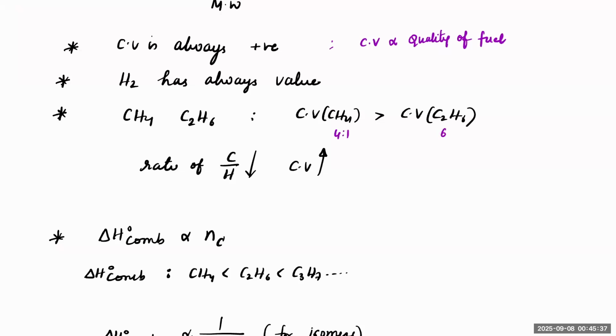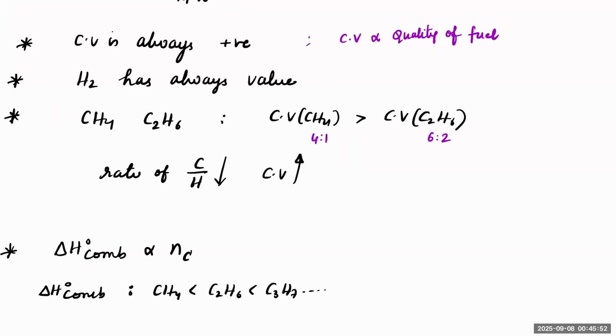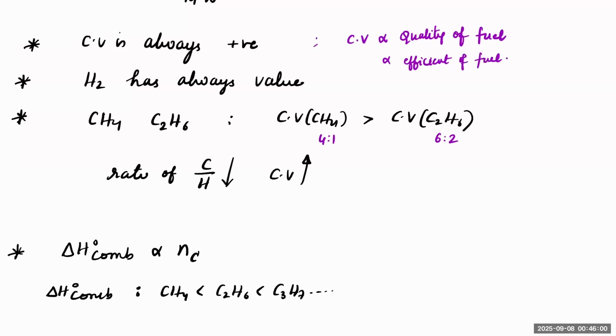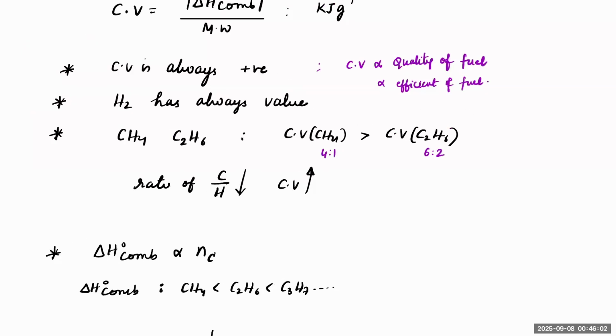Here it is 6 is to 2, which is 3 is to 1. So the more the number of hydrogens, the more is the calorific value. And more calorific value means better quality of fuel. More efficiency it is. In fact, better quality is always going to increase the efficiency. Got it?